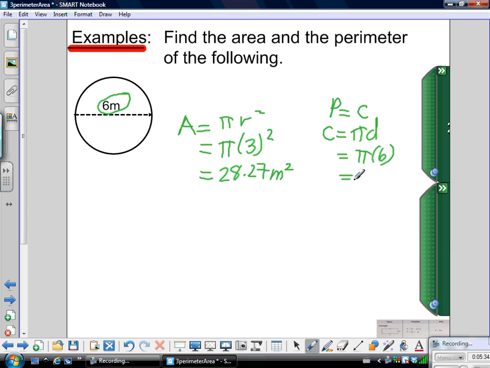Punch that into our calculator and we end up with 18.85. This time it's just meters, not meters squared. So identify our shape, our formula, make sure we have everything we need to substitute into the formula, and make sure after our calculations that we have used the units.